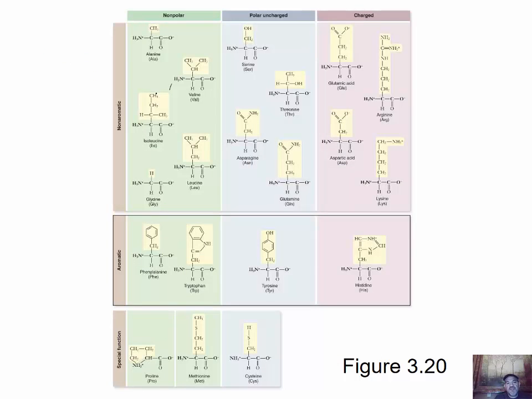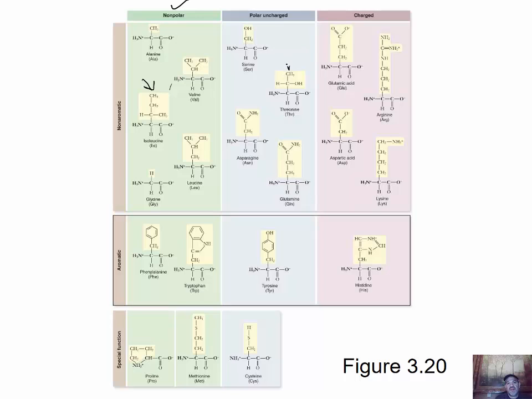We group them based on their side chains. These side chains give them different properties. For example, all of those here in the first column are going to be nonpolar, which means they're going to be sort of hydrophobic. And then we have polar, uncharged side chains. The side chains are indicated by this yellow shaded area. The rest of the amino acid is basically the same, except for the R group. But it's those R groups that give these amino acids different properties.